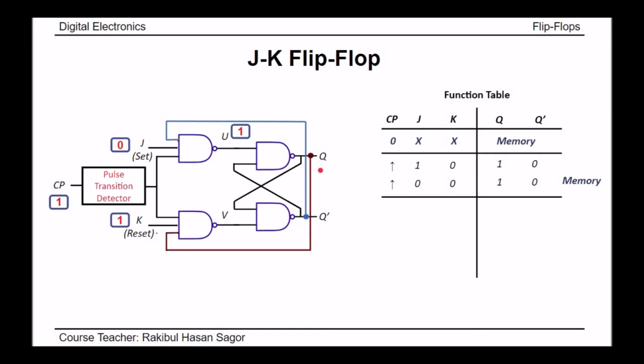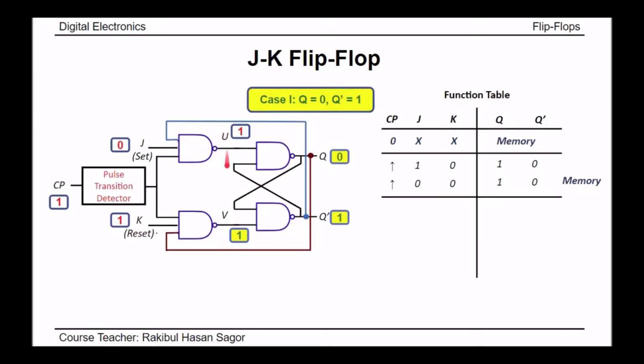So let's consider two cases. Case number 1, q equal to 0, q prime equal to 1. This 0 will appear here, and as one of the inputs of this NAND gate is 0, the definite output of v is 1. So we are getting v equal to 1, u equal to 1.